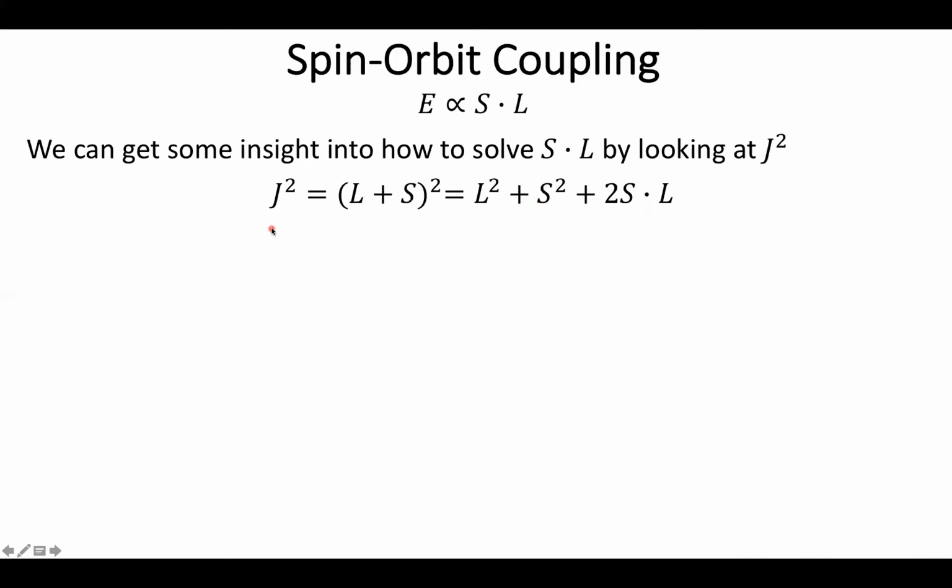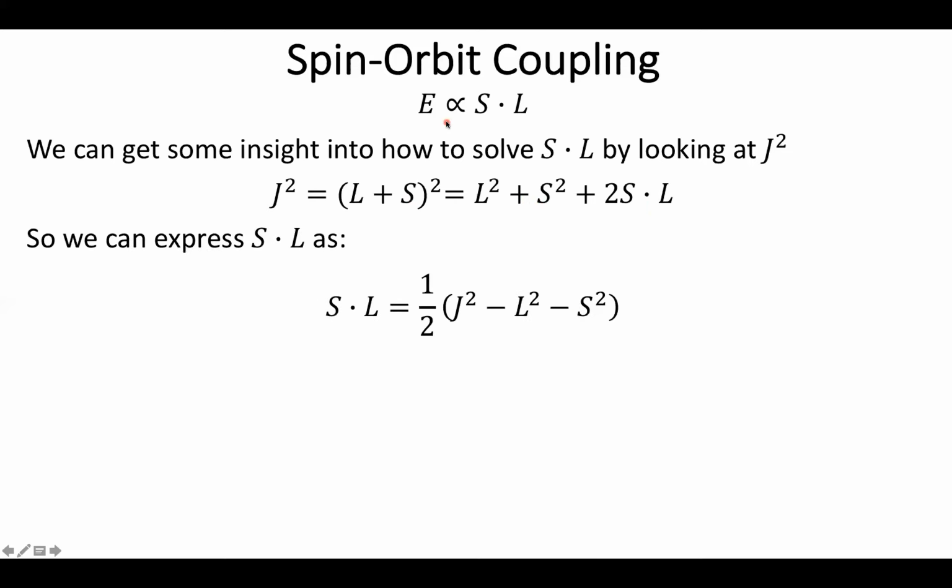We rearrange everybody and isolate our dot product term so that we can solve for our energies. And when we do this, we get that our dot product is equal to 1/2 the difference between the square of our total and the squares of our orbital and spin angular momentums added together. So in practice, this is our total squared minus our orbital squared minus our spin squared.